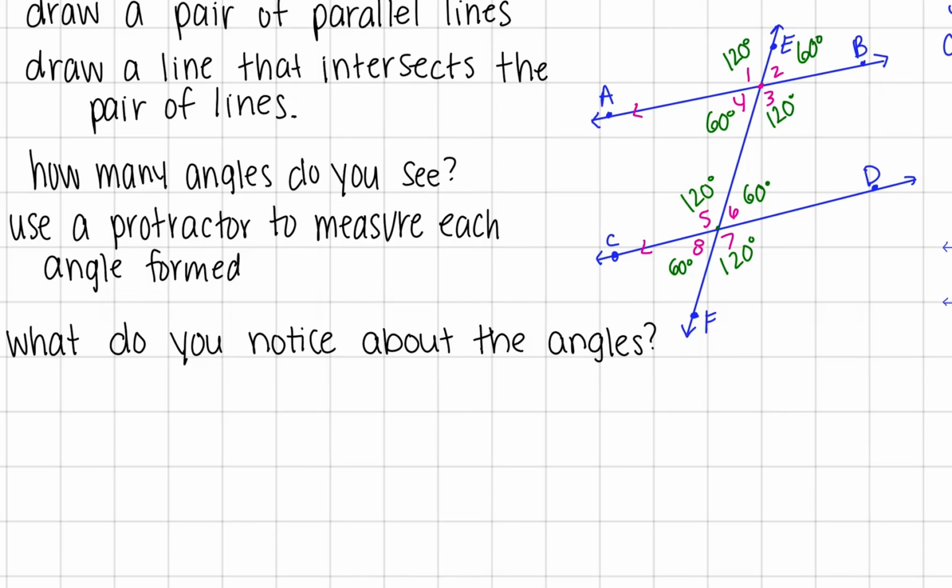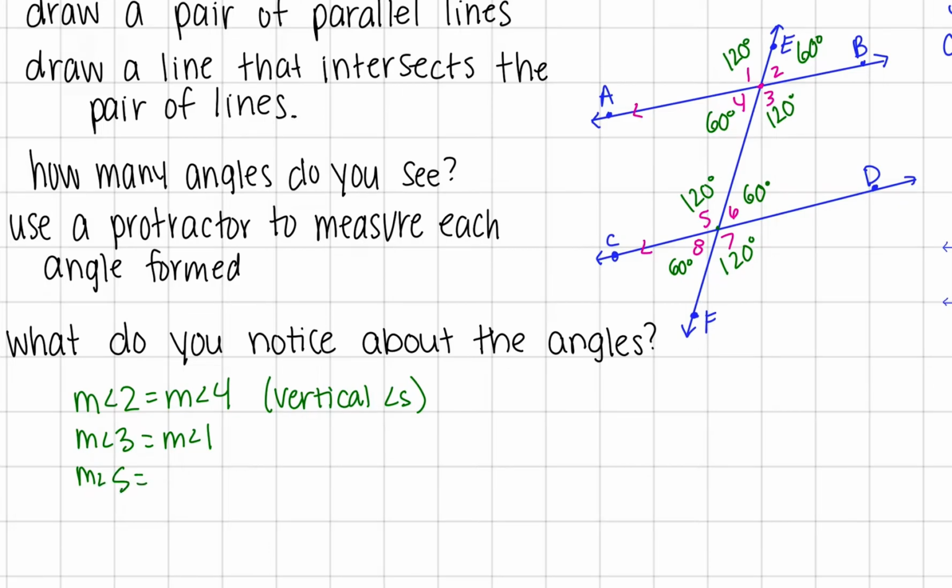We notice that the measure of angle 2 is equal to the measure of angle 4 because they are vertical angles. And the measure of angle 3 equals the measure of angle 1. The measure of angle 5 equals the measure of angle 7. And the measure of angle 8 equals the measure of angle 6.